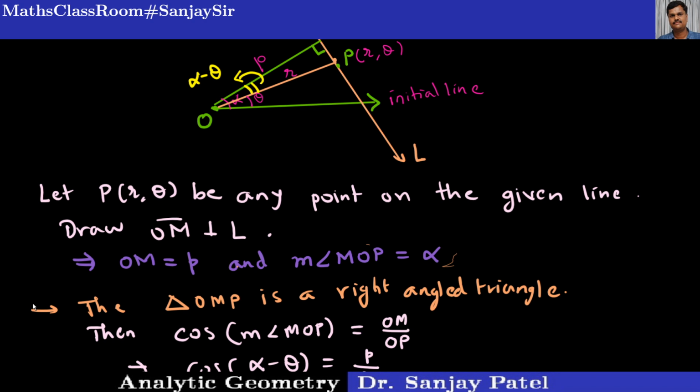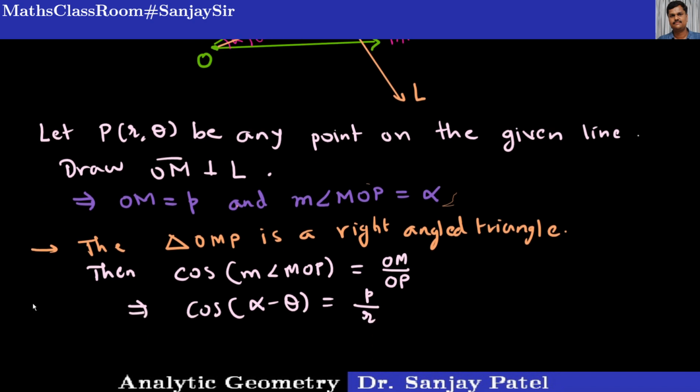So this gives me p is equal to r into cos of alpha minus theta, which is the same as p is equal to r into cos of theta minus alpha, because you know that cos of alpha minus beta is the same as cos of beta minus alpha. So this is the required polar equation of a straight line.